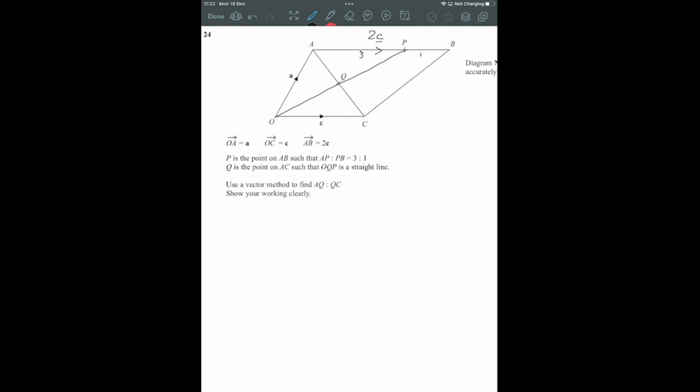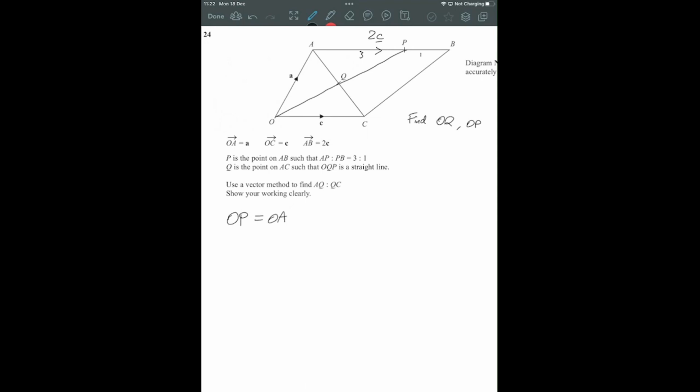My technique is going to be to find OQ and OP, and because they're both parts of the same line, there'll be a scalar multiple of one another. The difficulty, of course, is we don't know where Q is. Let's give that a go. Anyway, let's start with OP, because I can work out OP fairly easily.